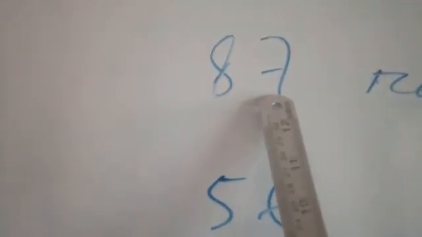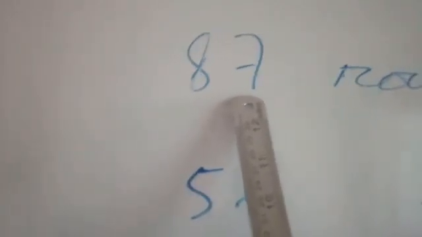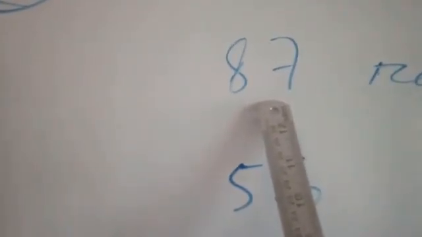Is that clear? When we round the number 87 to the nearest 10, 8 is in the tens place. So to round off 8, we have to see the next place value, that is the ones place. If the digit in the ones place is 5 or more than 5, then we add 1 to the tens place, that is to 8.